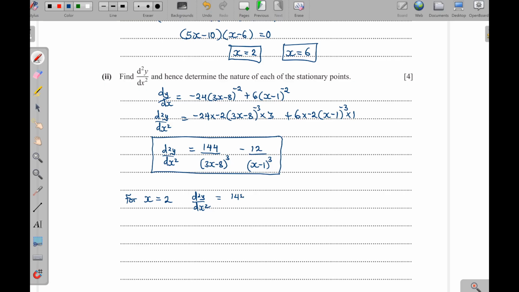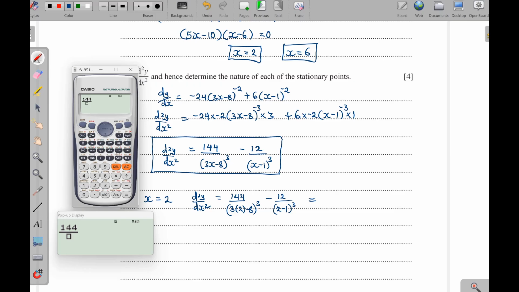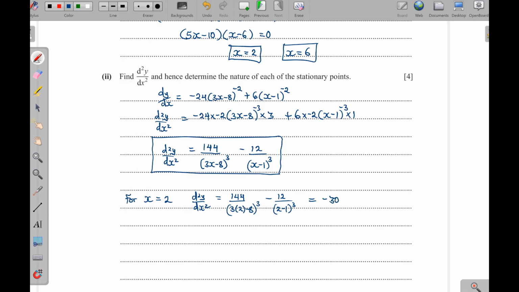We shall have 144 out of 3 times 2 minus 8 cubed, then minus 12 out of 2 minus 1 cubed. This one gives us what? 144 divided by 3 times 2, that is a 6 minus 8, that's a negative 2, then to the power of 3, then minus 12. So this is negative 30, which is less than 0.